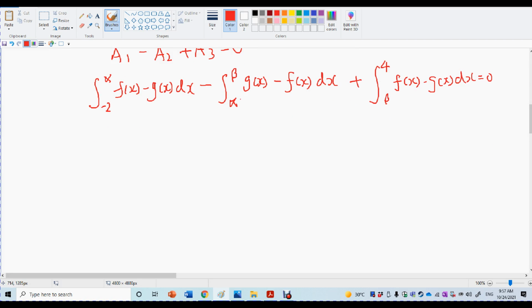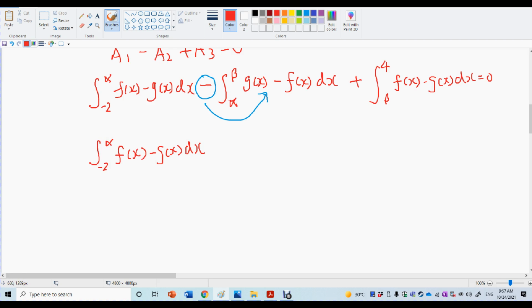Now we could bring that minus sign into the integrand. The first integral is still the same.